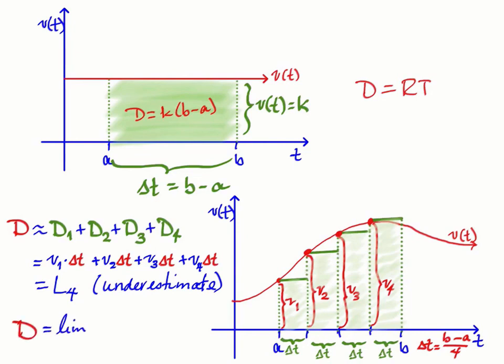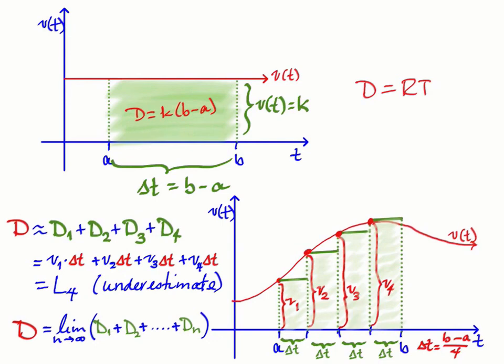And if we wanted the actual distance, we'd have to take more and more and more rectangles, and we take the limit as the number of rectangles goes to infinity of the sum of all those distances. So we take finite sums of distances, d1 plus d2 plus d3 all the way up to dn, and then we'd take the limit of that sum as that number n goes to infinity.